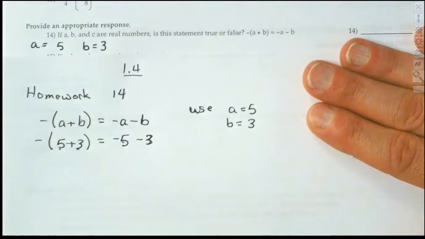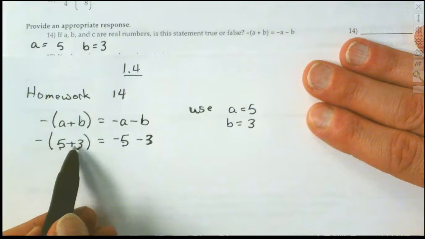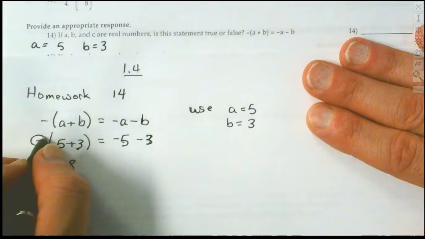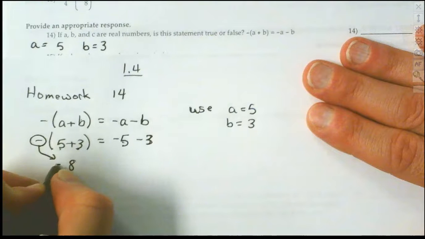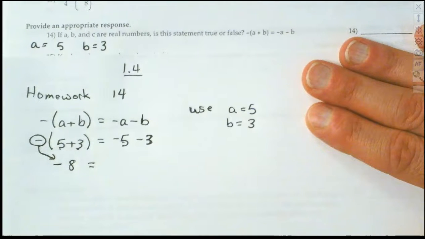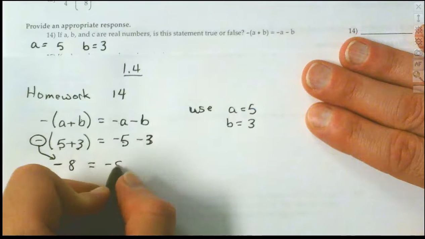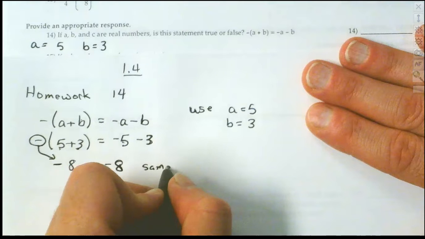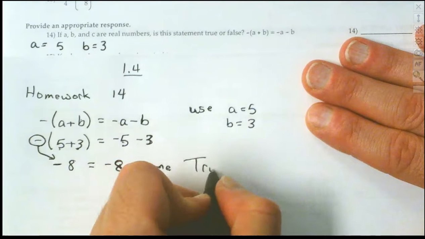Now, these are going to be the same because on the left-hand side, 5 plus 3 is 8, and that negative is just going to come down with it. And what about on the right-hand side? Well, on the right-hand side, minus 5 minus 3 is also what? Minus 8.